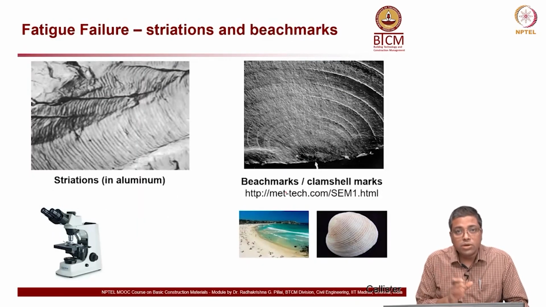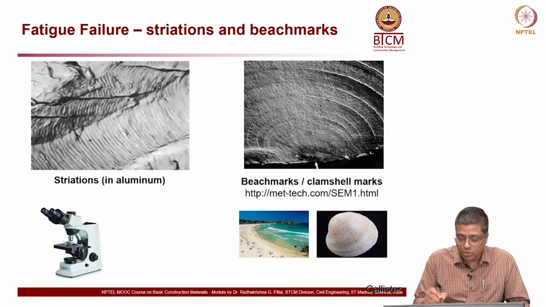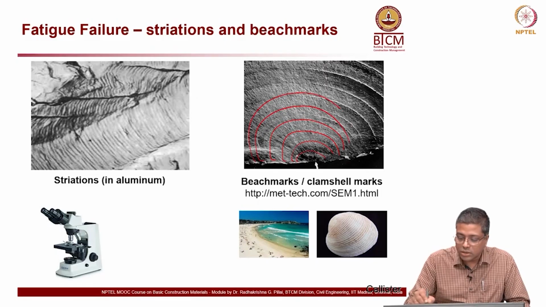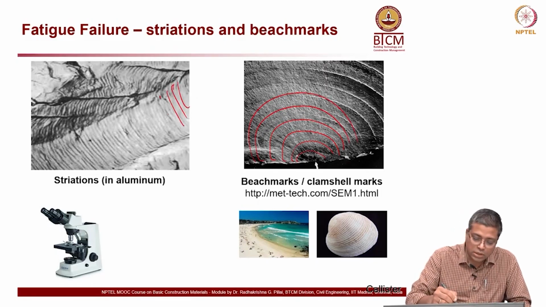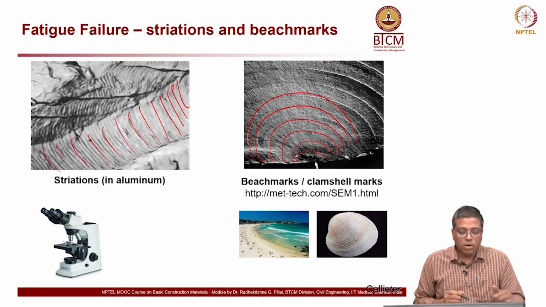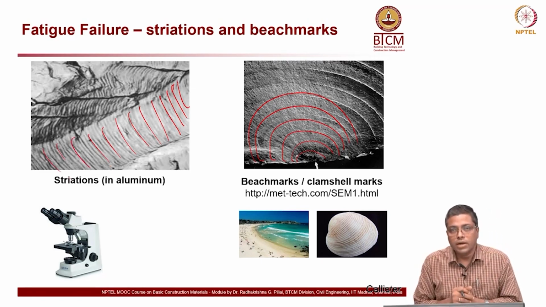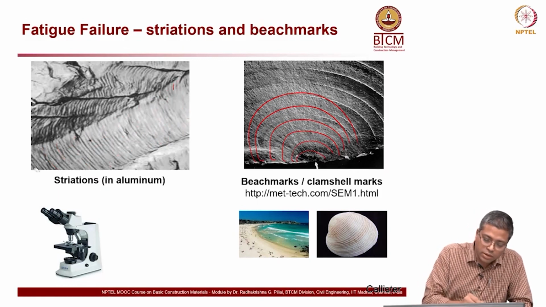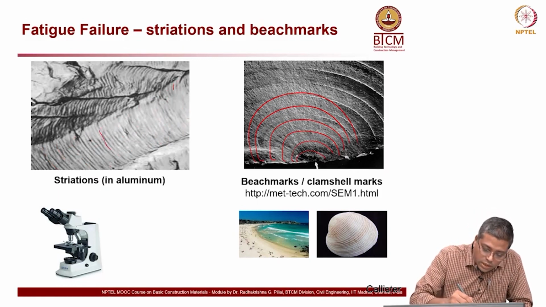Now, if you look through a microscope, you can see the same pattern. You see like this over here, this pattern, and here also you can see striations depending on the microstructure and the type of loading which the material is experiencing. You can see a lot of these narrow small lines here.